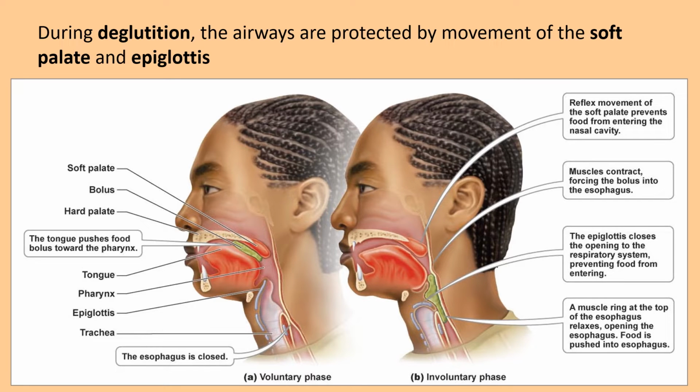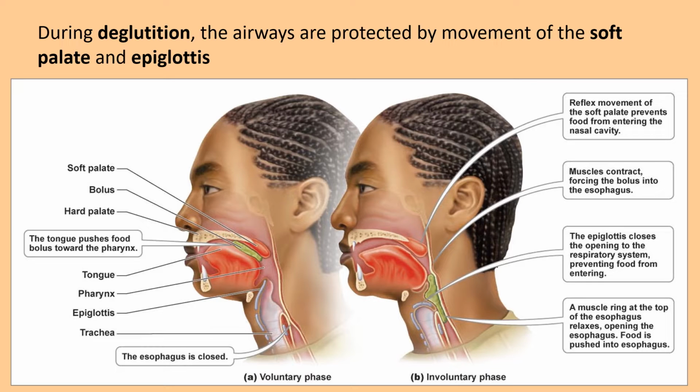During mastication in the oral cavity, the end result is a bolus, that soft wad of chewed food that is then swallowed. And the process of swallowing is called deglutition. It's quite a complicated process that involves coordinated action of many skeletal muscles to move that food material into the esophagus, not into the nasal cavity, not into the trachea, but into the esophagus.